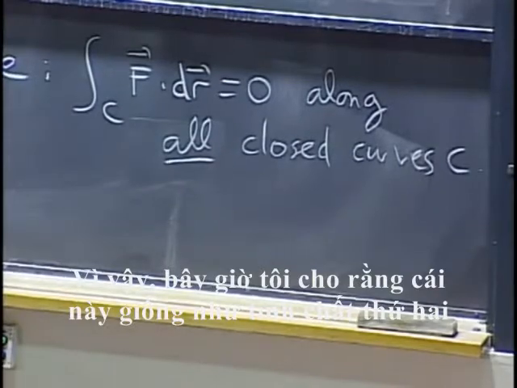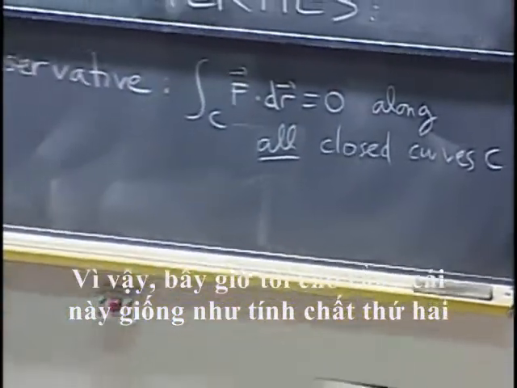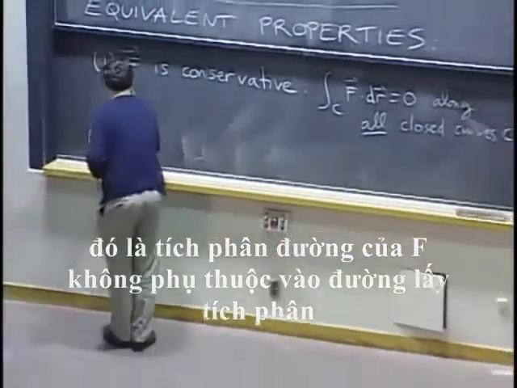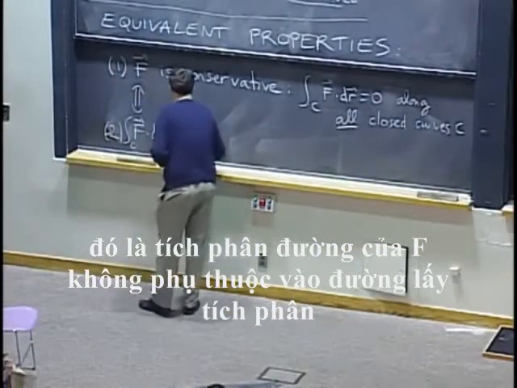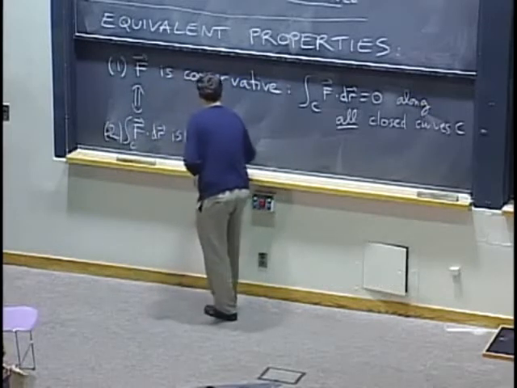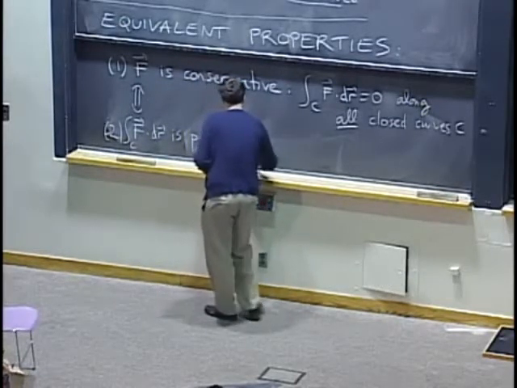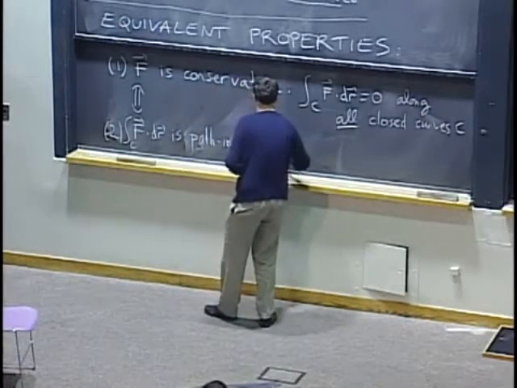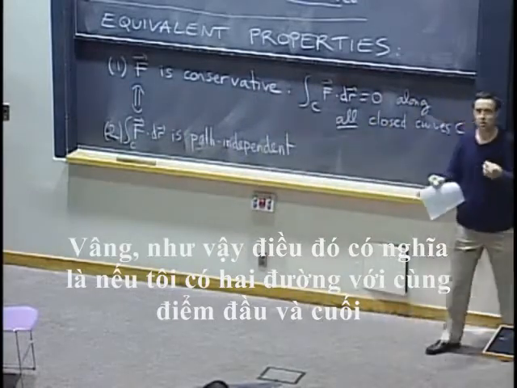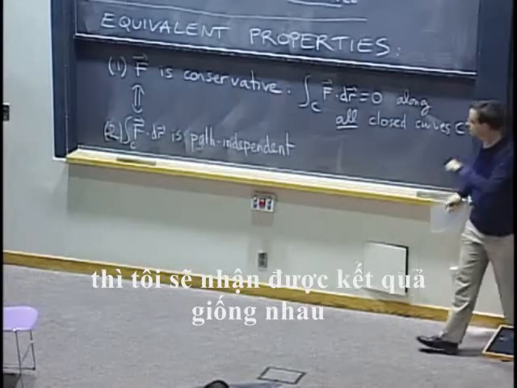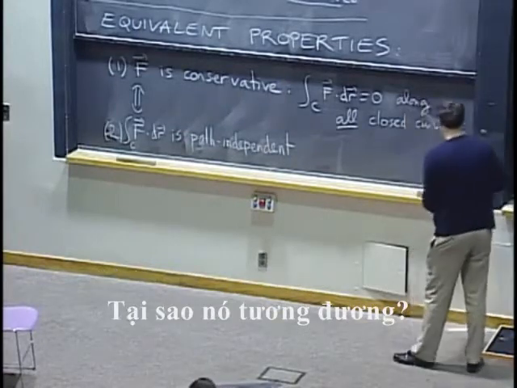So now I claim this is the same thing as a second property, which is that the line integral of F is path independent. Okay, so that means if I have two paths with the same endpoints, then I will always get the same answer. Why is that equivalent?